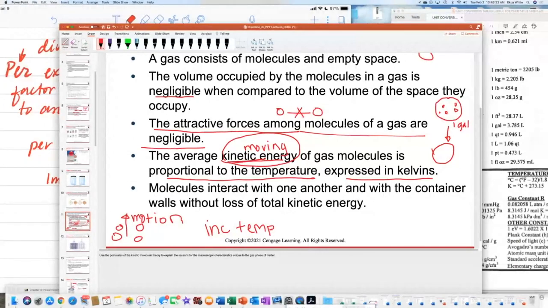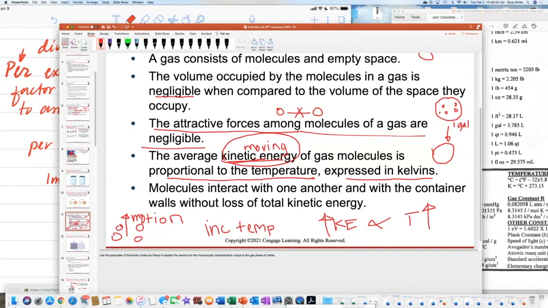Why? Because it said right here, kinetic energy, the energy of the molecules, is proportional to the temperature. So if you increase temperature, you increase their energy and they move around a lot. You heat up a gas and the gas moves around a lot.